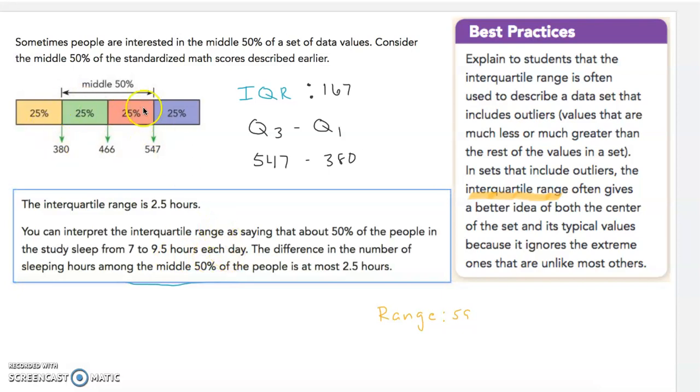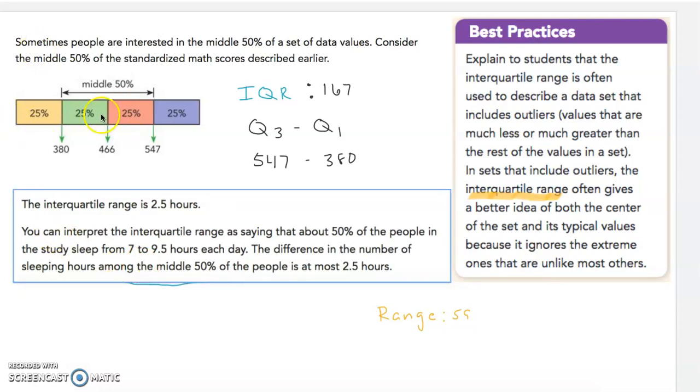So looking at this example, you could say about 50% of the students score between 380 and 547 on the standardized test. Or you could say, now again using this example, the difference in the number of sleeping hours among the middle 50% of the people is at most 2.5 hours.